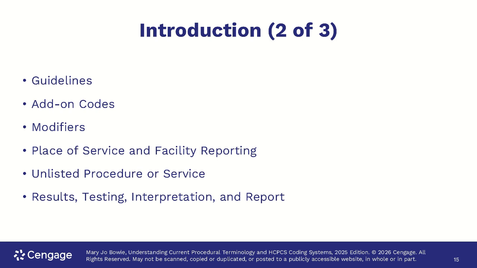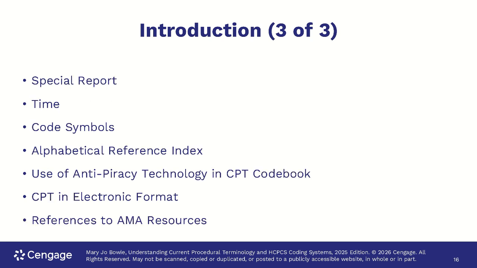Then there is a discussion regarding unlisted procedures or services, followed by results, testing, interpretation, and report. Lastly, in the introduction, and you probably are thinking, whoa, that's a lot. It really lays the foundation, right?